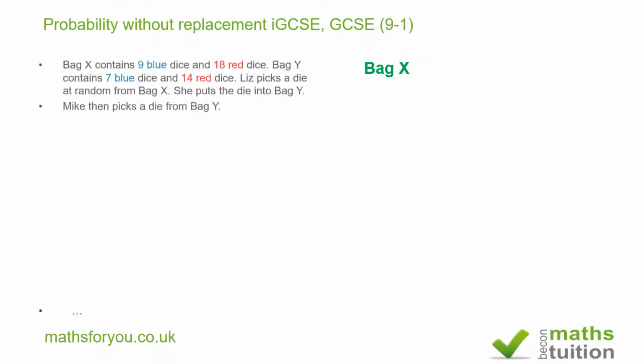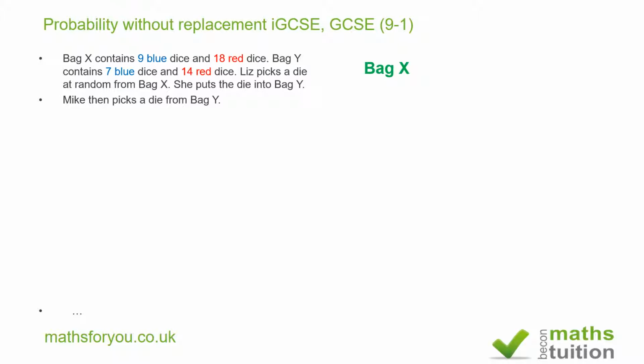Right, and it says bag X contains 9 blue dice and 18 red dice, while bag Y contains 7 blue dice and 14 red dice.